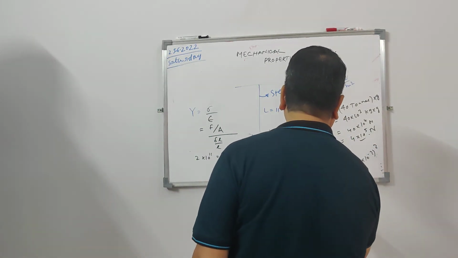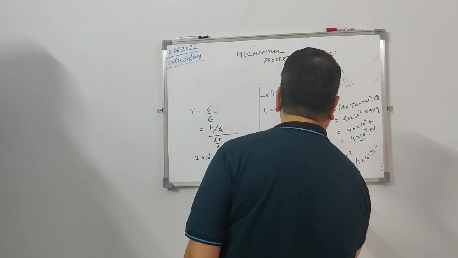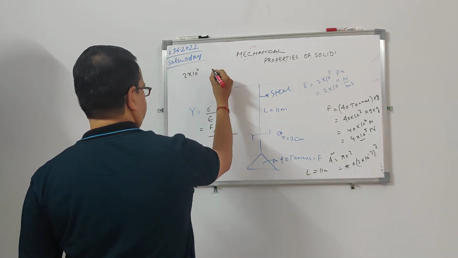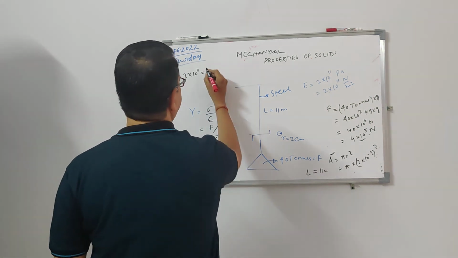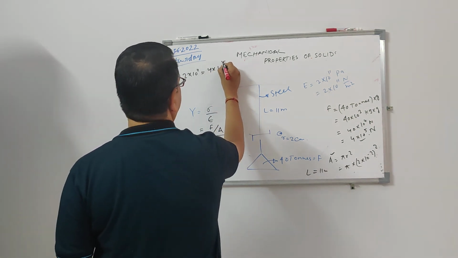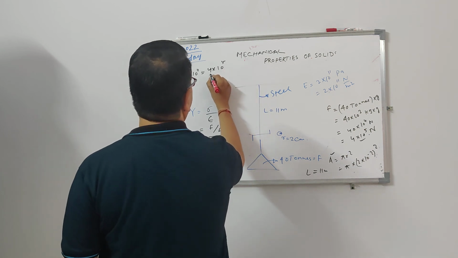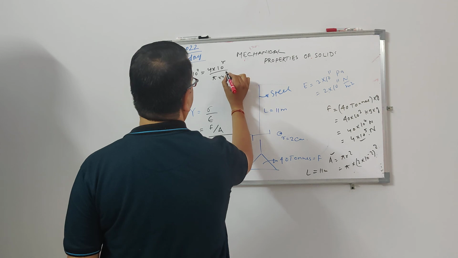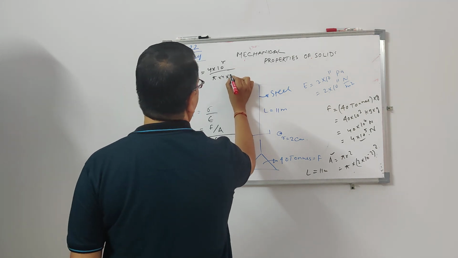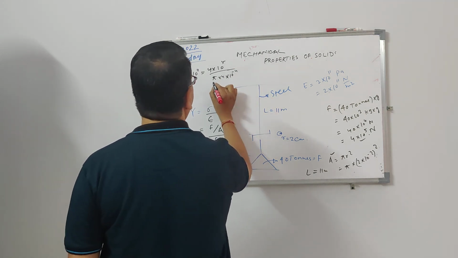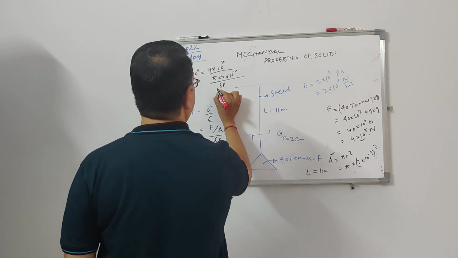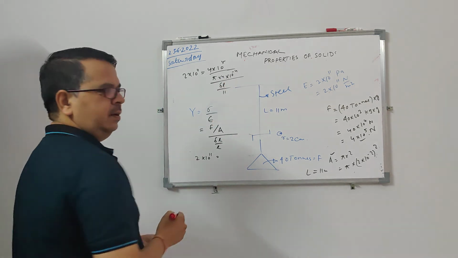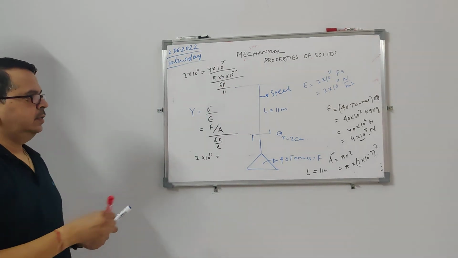So 2 into 10 to the power 11 is equal to force, which is 4 into 10 to the power 5, into 11, divided by the area of cross section, which is pi into 4 into 10 to the power minus 4, and then delta L. So this is force by area. Delta L I do not know. Length I know as 11 meter. So by knowing all this, I can find out what is delta L. So this is easy.